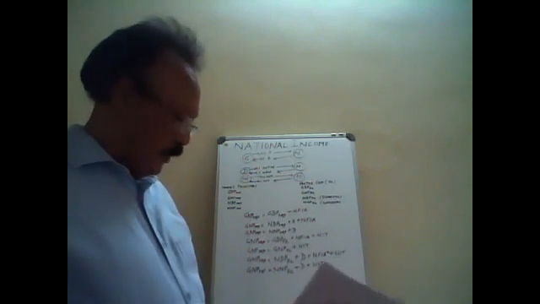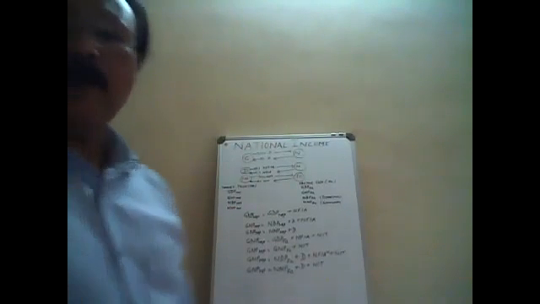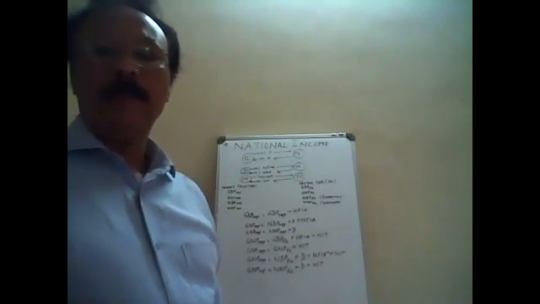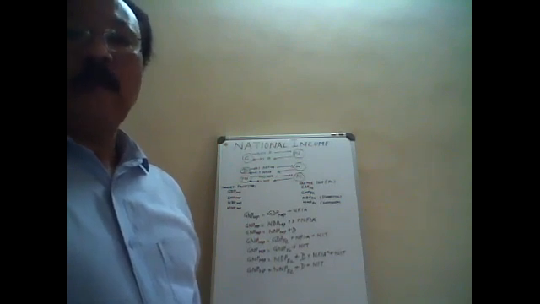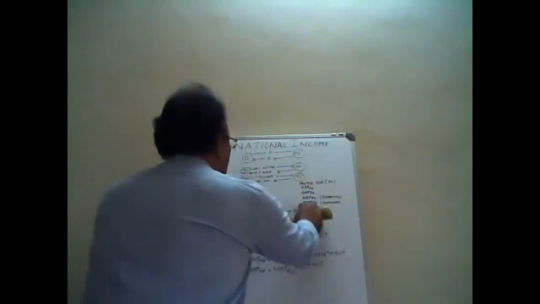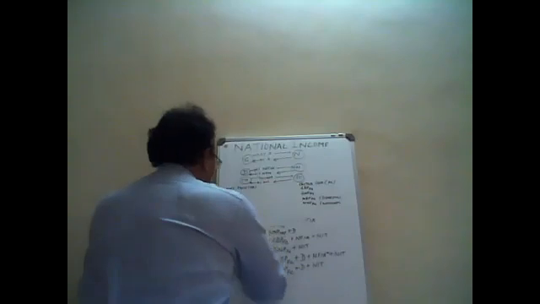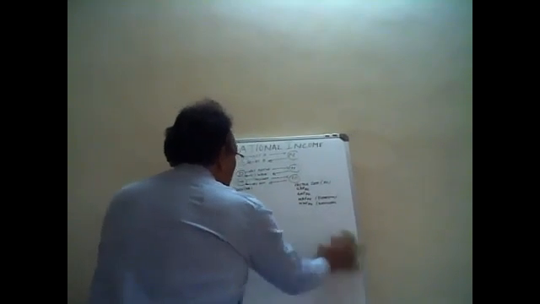Can we move on to the next? And for that, I will need to wipe the whiteboard. Should I wipe the whiteboard? Okay. So then I wipe out this part of the whiteboard.